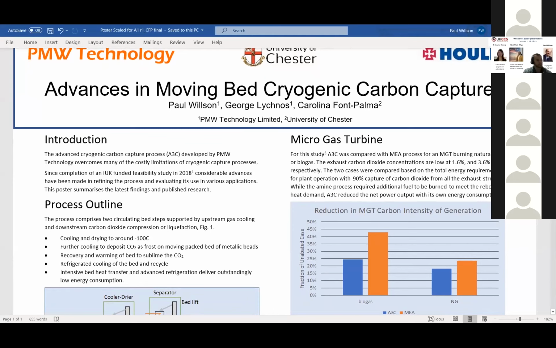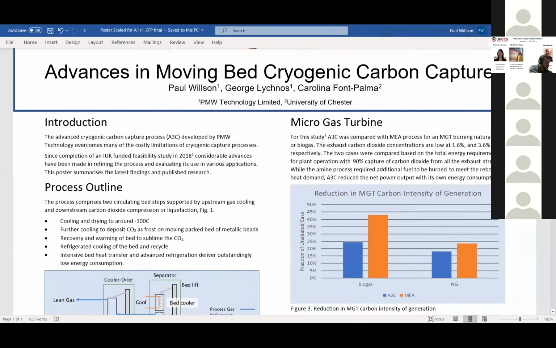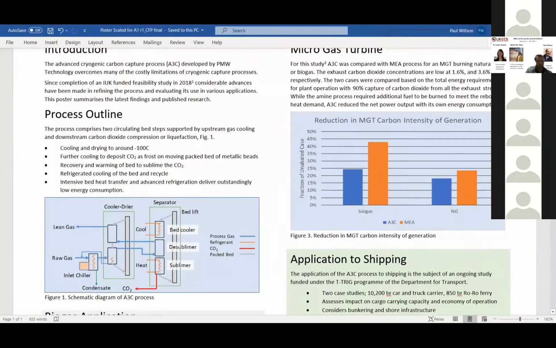We did a major feasibility study also with the University of Sheffield and a couple of industrial partners in 2017-18, which was reported at the Greenhouse Gas Conference in 2018. Since then, quite a lot has happened, and I was setting out on this poster where we got to.